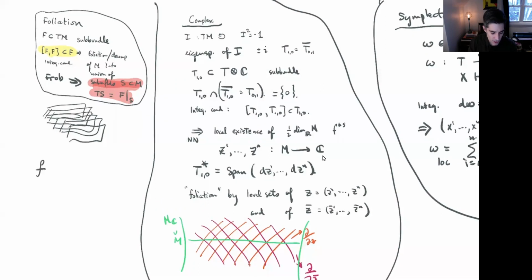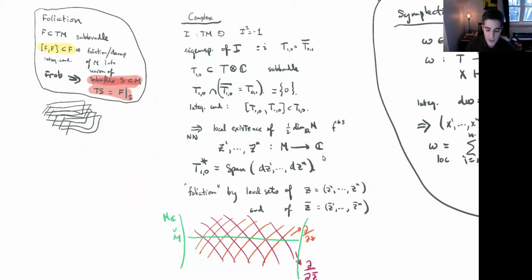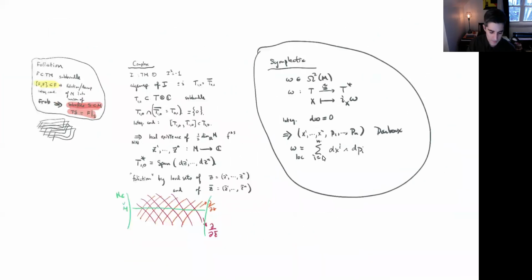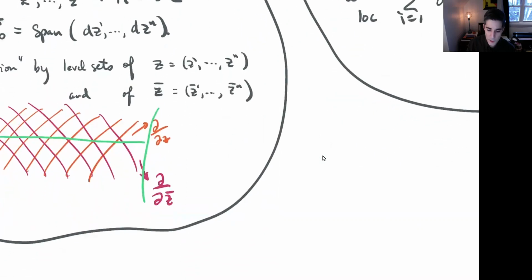If you take d by dxi, d by dyi of f, you can sometimes produce Riemannian metrics from the partial derivatives of a single function without having any complex coordinates, just having some foliation structure. Anyway, I think it's a useful way of thinking. It certainly makes more sense of why people in complex geometry tend to use z and z bar as if they were independent coordinates. And they are, as long as you're working on the complexification space.